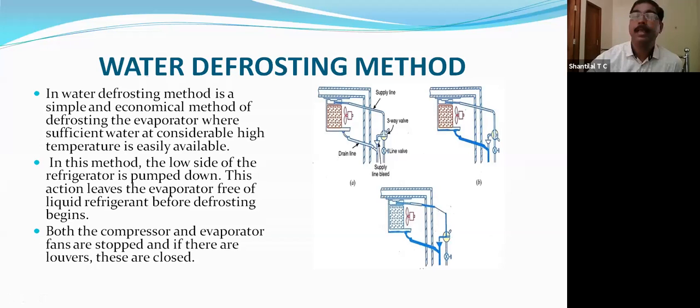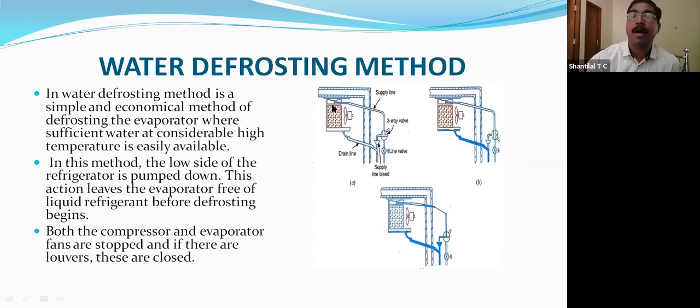In this method, which is used in large systems, when you need defrosting, the low side is pumped down, and this valve will be opened. When this valve is opened, water is sprayed onto the evaporator coil.